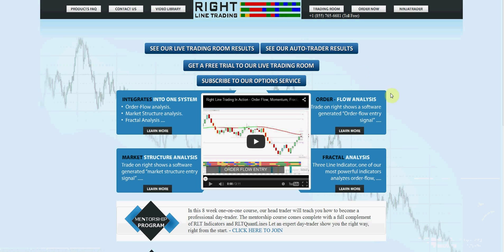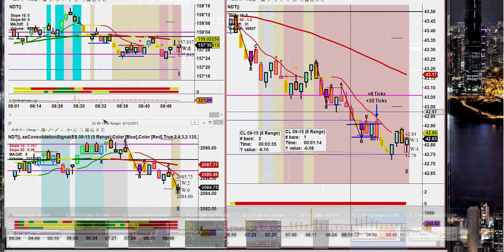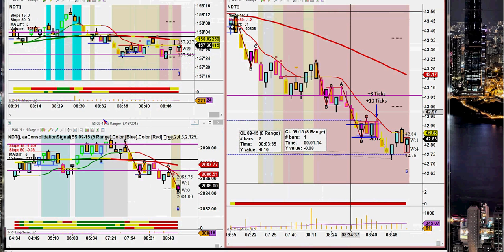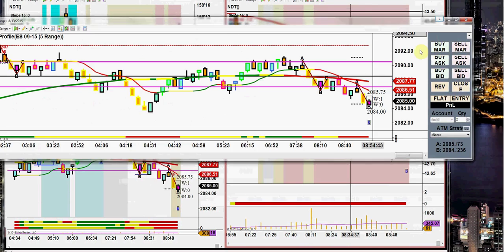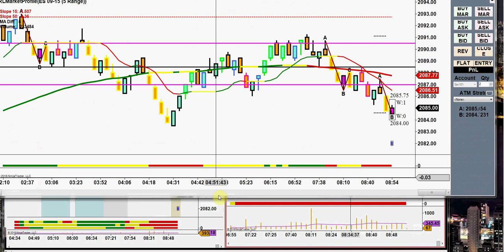But for right now, we are already in the trading room. Have everything muted. And I've pulled up a few of the charts here. Alright, here's the ES. Let me get this set up properly.